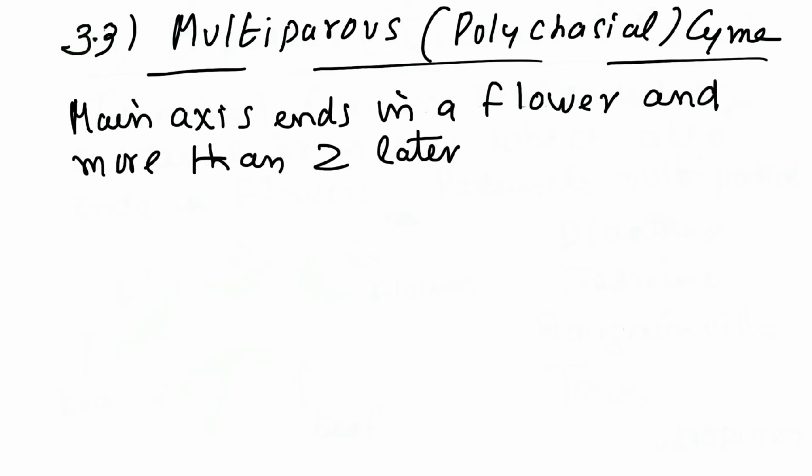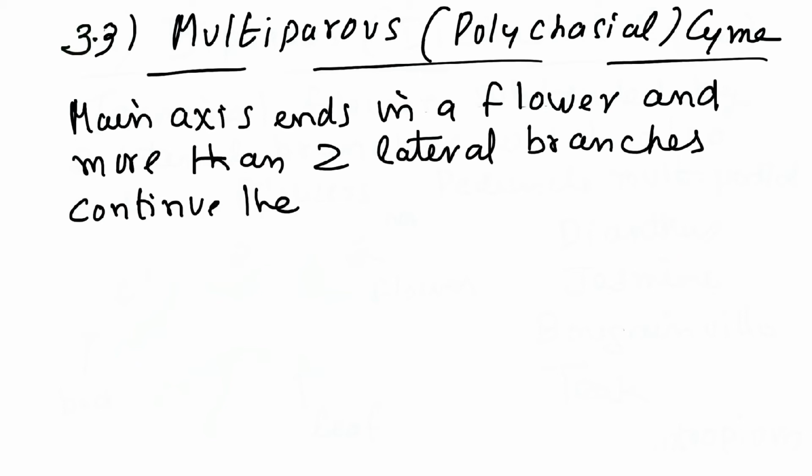That's the first important key point. The main axis ends in a flower, and there are more than 2 lateral branches. So there could be 2 or more lateral branches that continue the growth of that region which produces the inflorescence.